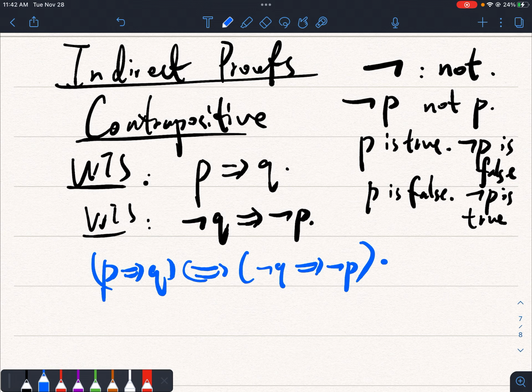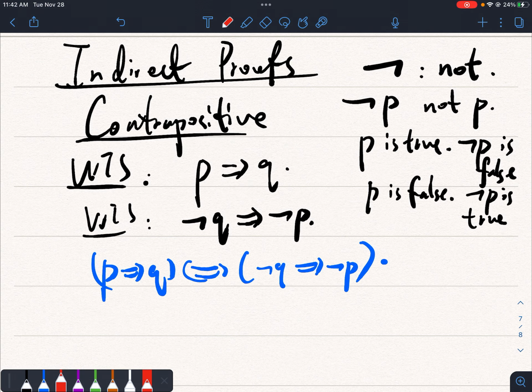So you can check it in many different ways. As long as you can show one direction, you can just switch the variables to show the other way.